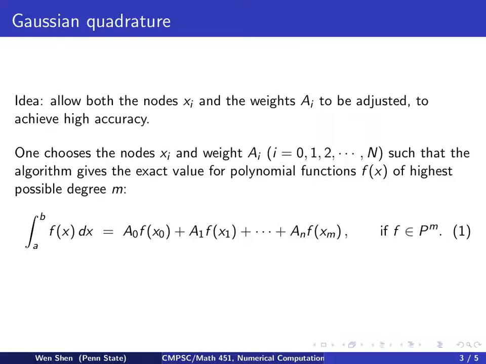Writing it as a formula, this means the integral of f over [a, b] should exactly equal your rule if f is a polynomial of degree at most m, so of degree m or less. The number m is called the degree of precision, because that tells you how accurate your rule will be, and in the end, what the order of your rule is.